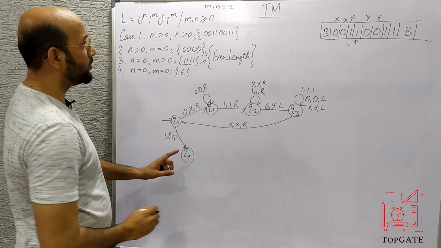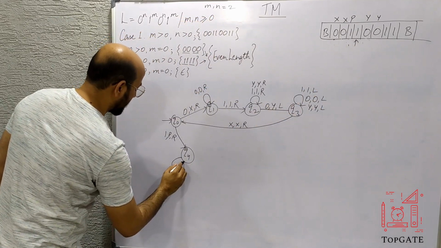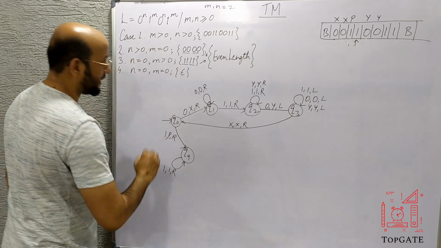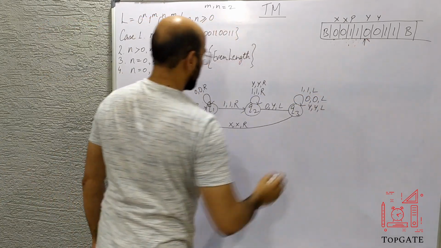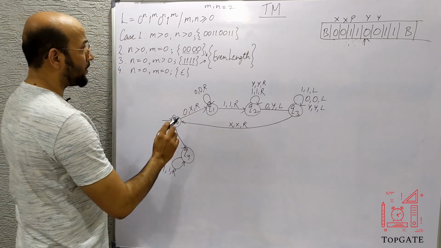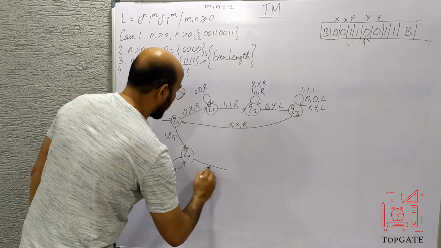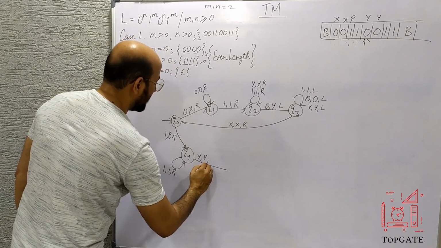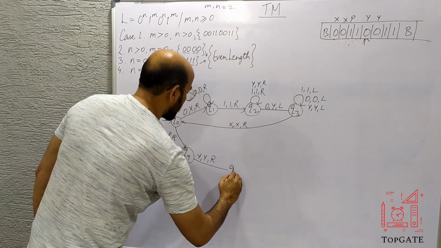Okay, now at Q4 I need to skip this 1, so I'll take a self loop here, that is, if you find 1, keep it as 1, go to the right side. So this 1 will be skipped and the pointer will now point to this Y. Okay, now I need to skip this Y also. So what I'll do, I'll take a move for Y, that is, if you find Y, you should keep it as Y and go to the right side and reach state Q5.